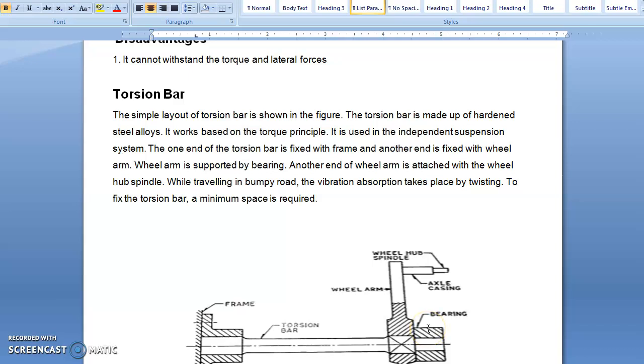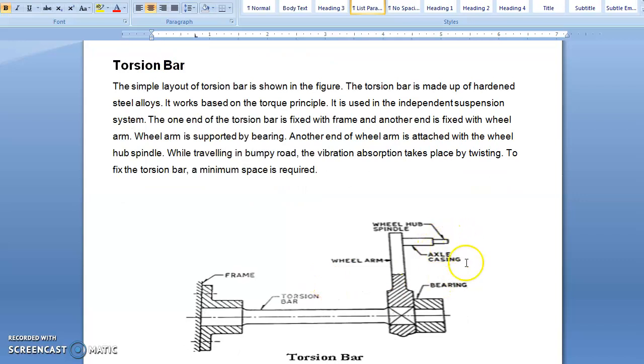One end of the torsion bar is fixed with the frame, as you can see in this figure, and the other end is fixed with the wheel arm. The wheel arm is supported by bearings. The other end of the wheel arm is attached to the wheel hub spindle.